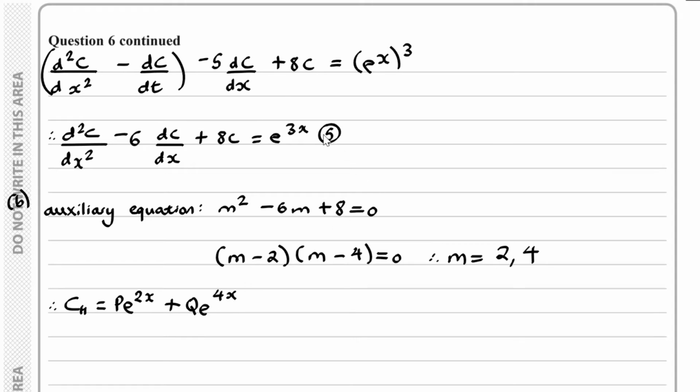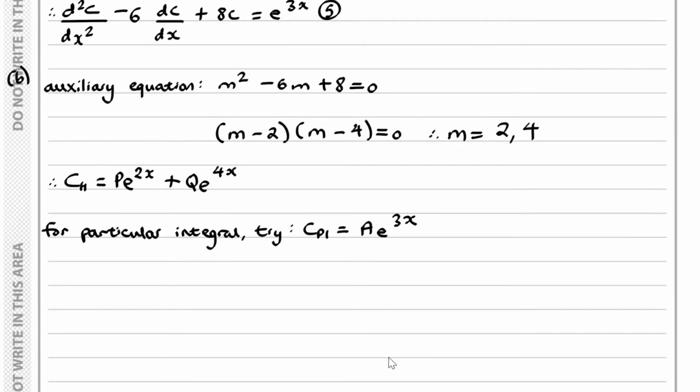Now, on the right hand side, we have a term involving e to the power of 3x, and therefore for the particular integral, we need to try something of the form c particular integral equals a times by e to the power of 3x.